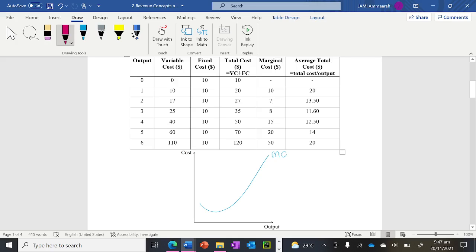However, your average total cost decreases for a good set and then it starts increasing. So your average total cost graph will look more like this.